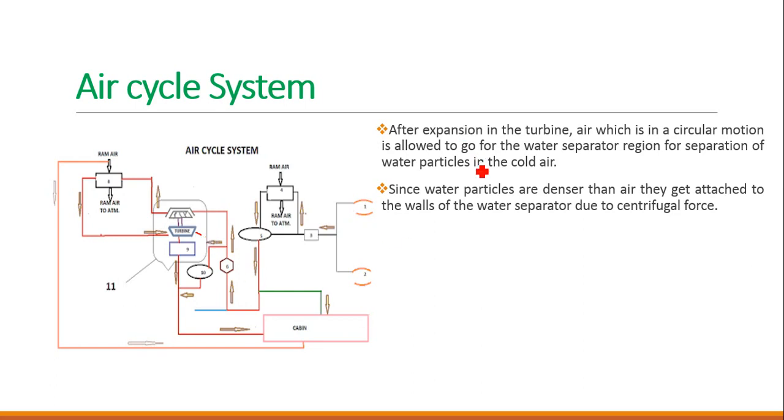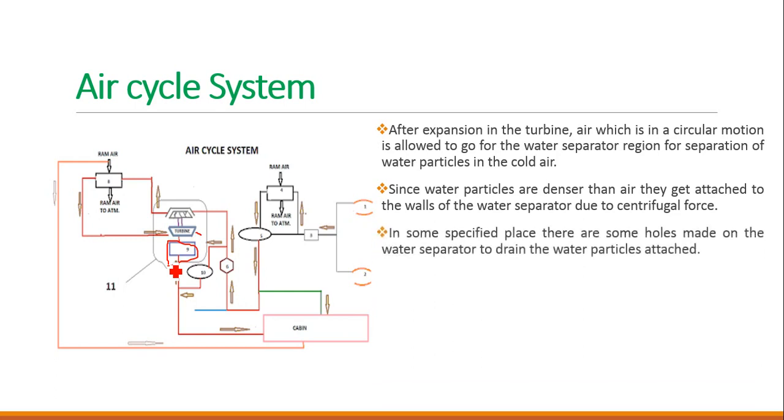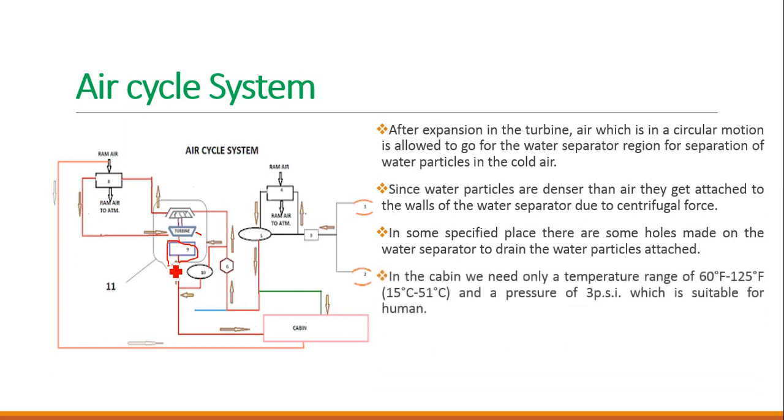The water droplets need to be removed, so here we have a water separator. Because of centrifugal force, the water gets collected at the walls of the water separator, and there are some holes in the water separator through which the water particles are drained from the unit.